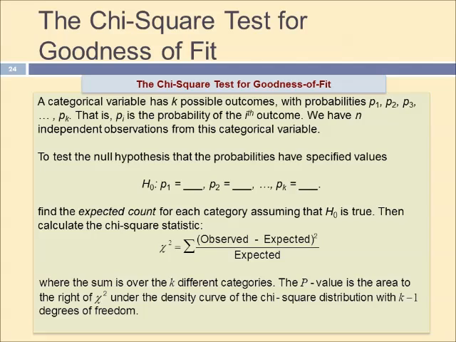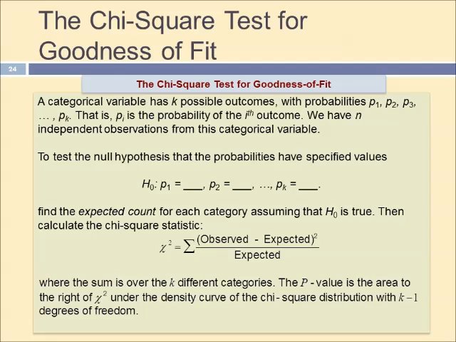The process for the chi-square test for goodness of fit: a particular categorical variable has k possible outcomes. Each has a probability associated with it, p1, p2, p3, up to pk. We have n independent observations from this categorical variable. To test the null hypothesis that the probabilities have specified values, that is, that p1 equals some value, p2 equals some value, and on through the last one.